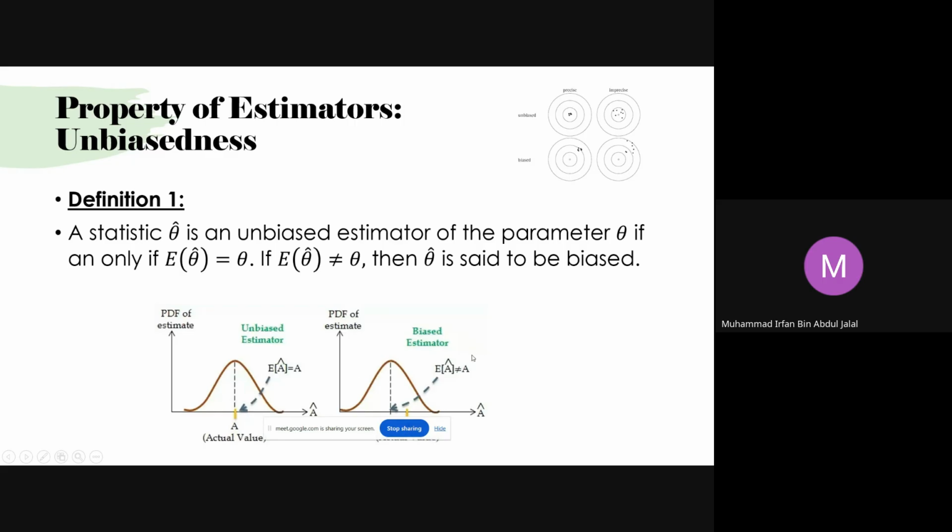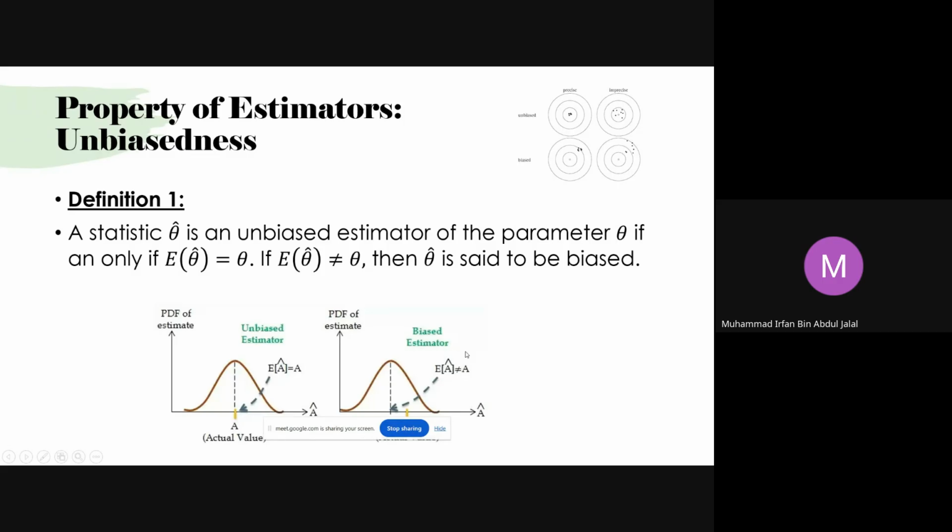Okay, in this case you can see that the average value of the estimator really coincides with the actual value of the population parameter of interest, for example the population mean of systolic blood pressure in healthy individuals in Perak.